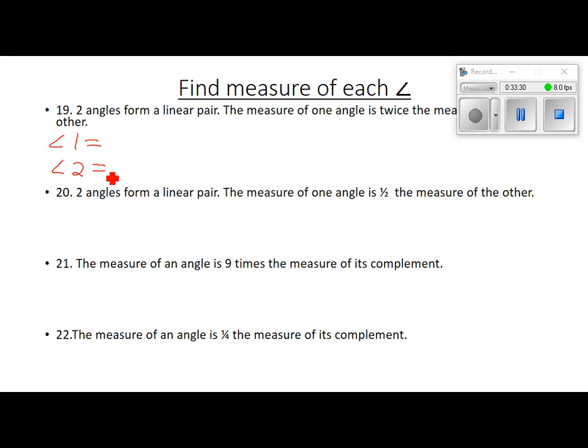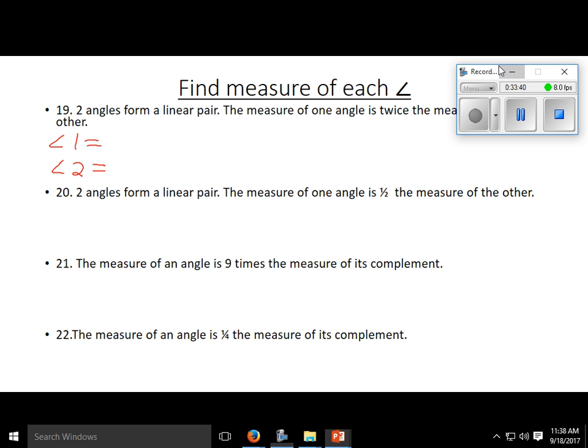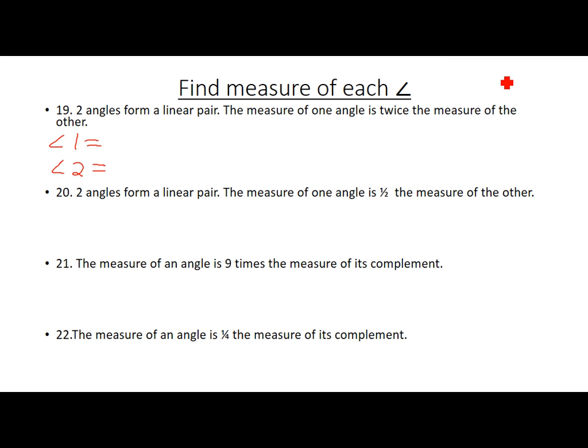So every time you do one of these 2 angle problems, you write down angle 1, angle 2. Then it's going to describe it to you somehow, and we're going to use that to tell what angle 1 and angle 2 are. The measure of one angle is twice the measure of the other angle.